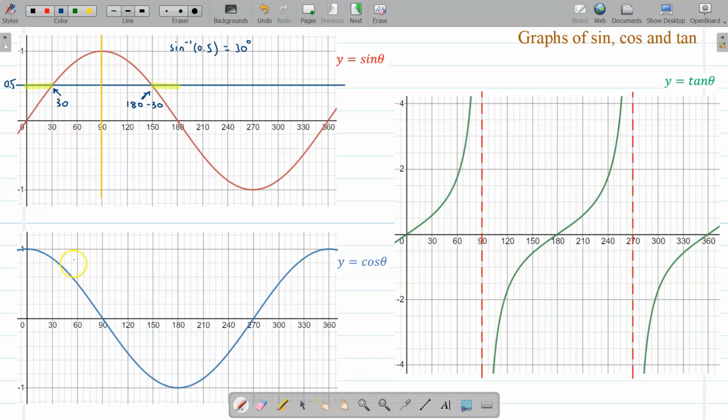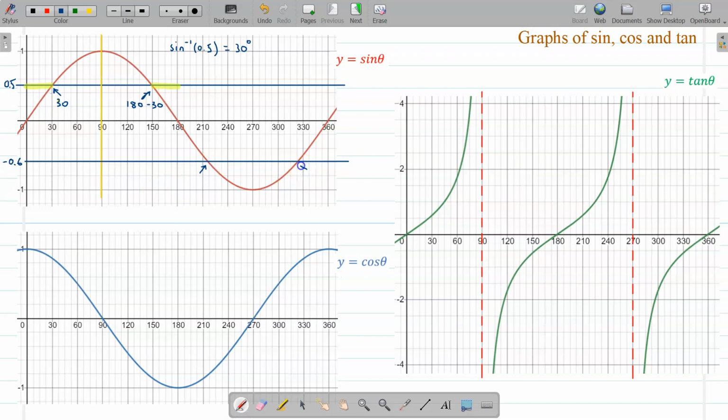Now let's take a negative sine. Suppose we were told that an angle has a sine of negative, let's say, 0.6. So I'm just going to mark that on here now. Negative 0.6. It's about there. So if I took my line across from negative 0.6, it's showing two angles, there and there. But what are those angles?